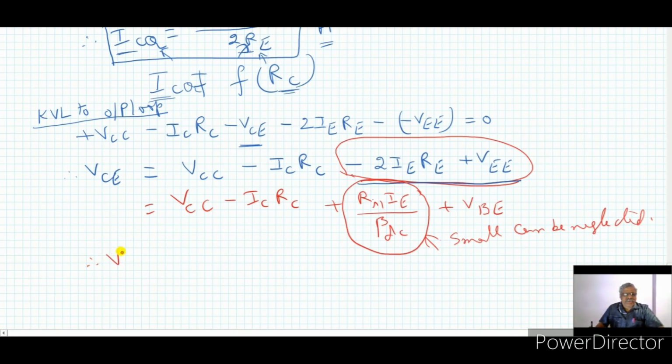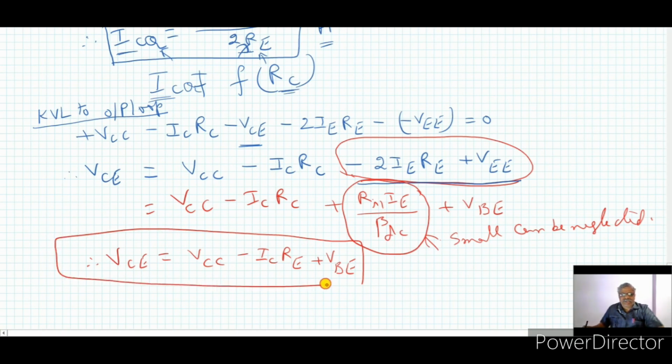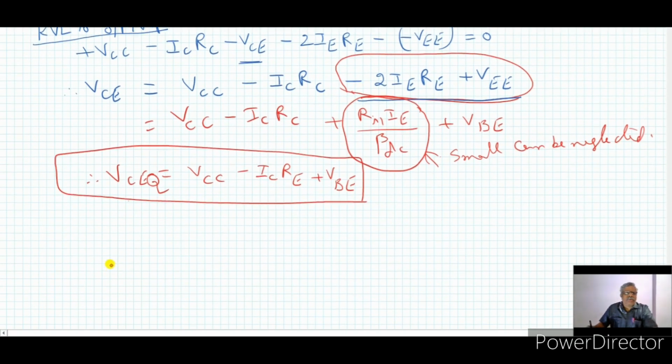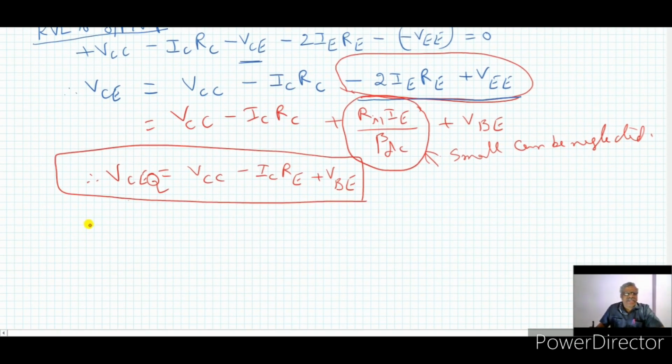Therefore the expression for VCE we get as VCC minus ICRC plus VBE. So this is the expression for quiescent collector to emitter voltage, which we can write simply as VCEQ.